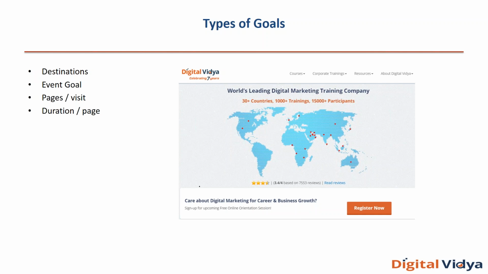In the event goal, you did an action, but the URL did not change. Something happened on that web page itself, right? So for example, downloading a PDF brochure of digital marketing program on Digital Vidya. So it's a download that starts, but the URL does not change.